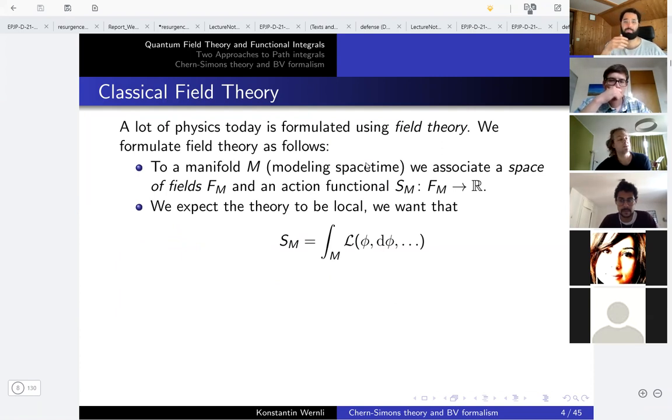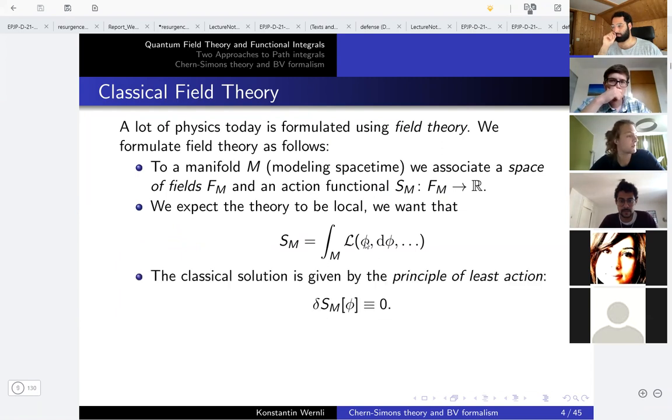So it should be the integral of a Lagrangian which depends on the fields and its derivatives at any given space-time point. And classically, the physics is described by the solutions to the Euler-Lagrange equations, so by the principle of least action, right? So any field configuration phi that satisfies the equation here, that the variation of the action functional is 0, will describe the classical physics of the system.